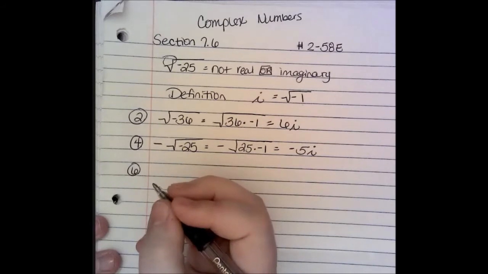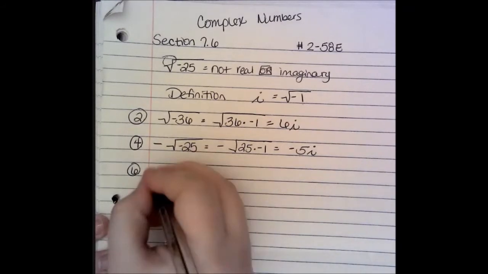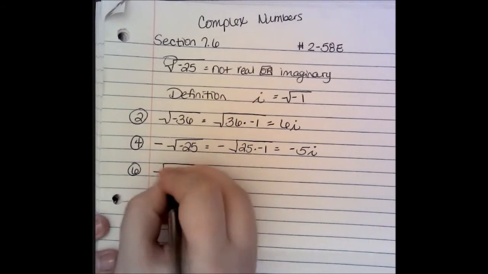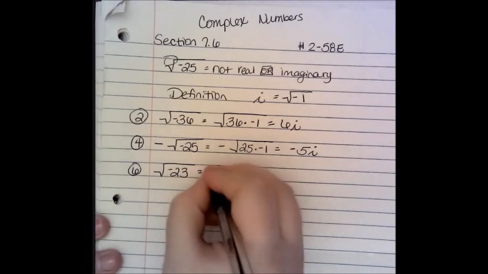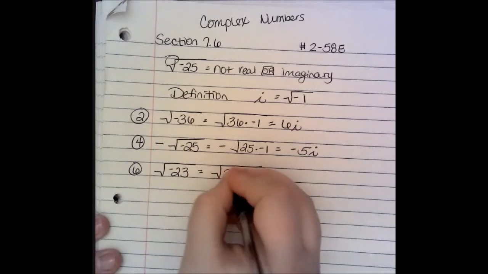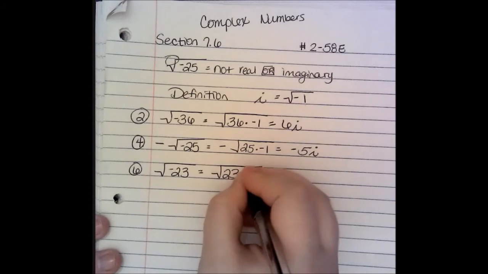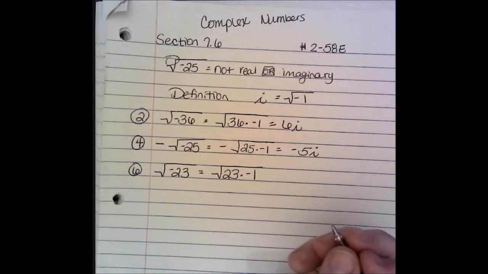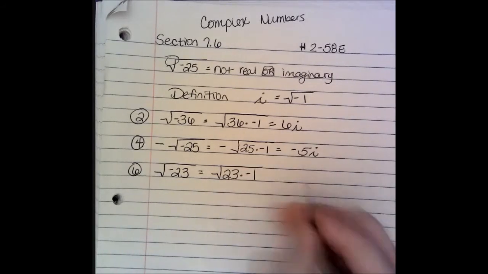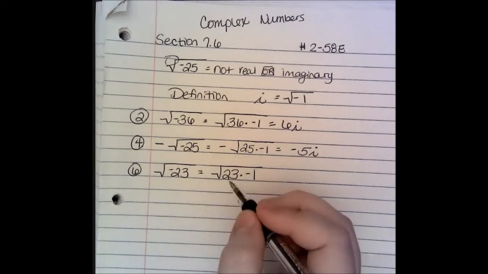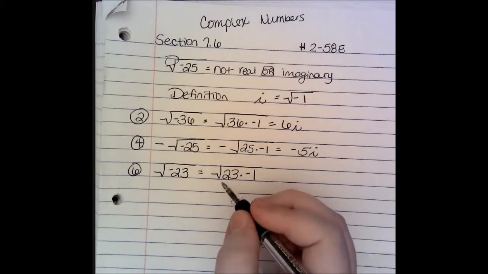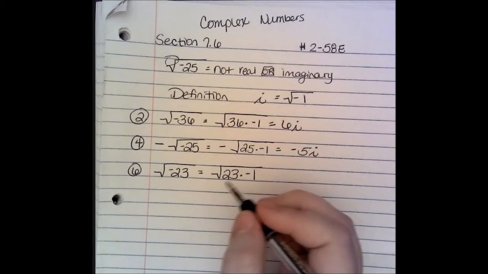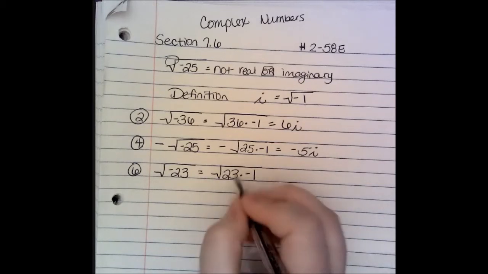Number 6, we have the square root of negative 23. If we were to break that apart, that would give us the square root of 23 times negative 1. When I ask you to find the square root of 23, you'll notice that you can't do that because 23 is a prime number, meaning there's nothing we can break this apart to be. So we're going to leave that under the radical.